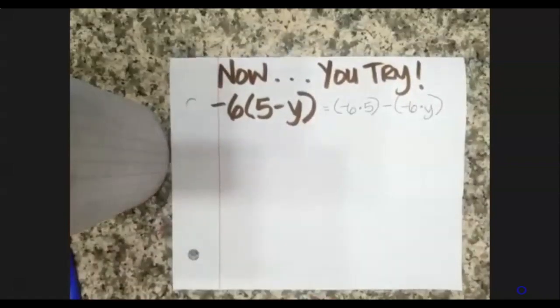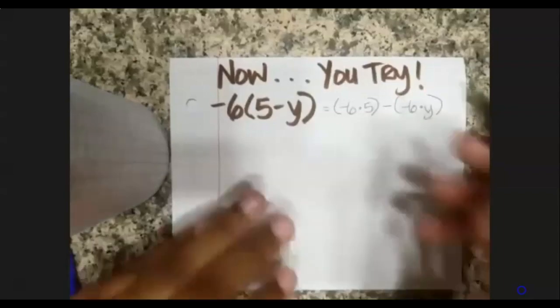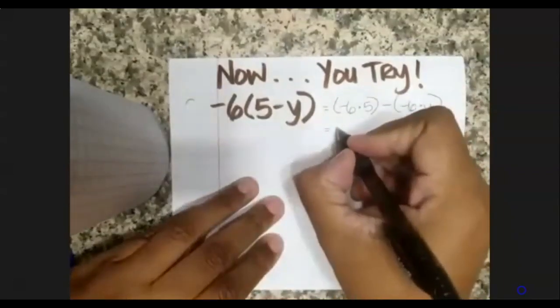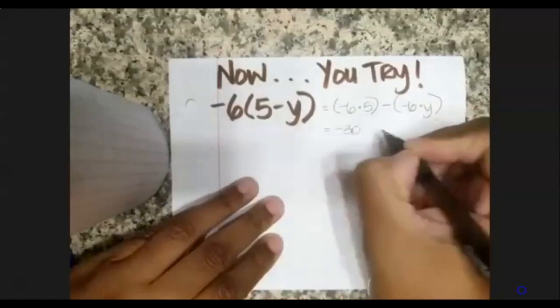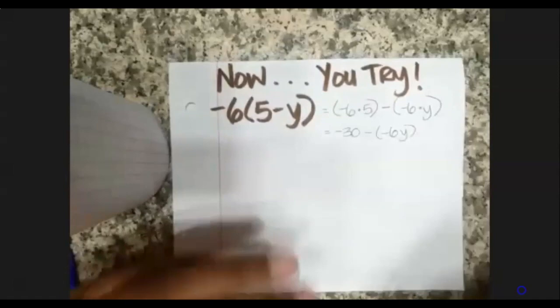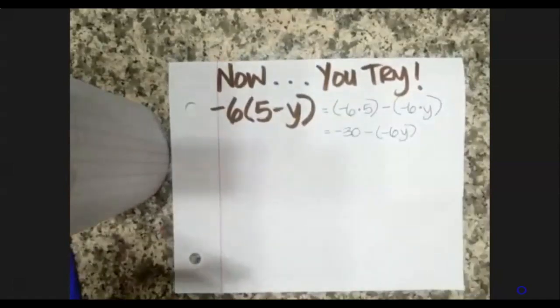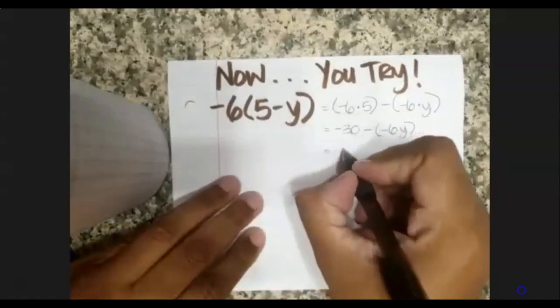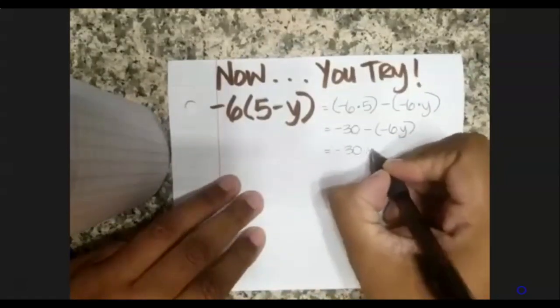And then I'm going to simplify. So for negative 6 times 5, we'll get negative 30. And we're going to have minus negative 6y. And then I'm going to clean up my symbols. And I have minus a negative, which is the same as addition.